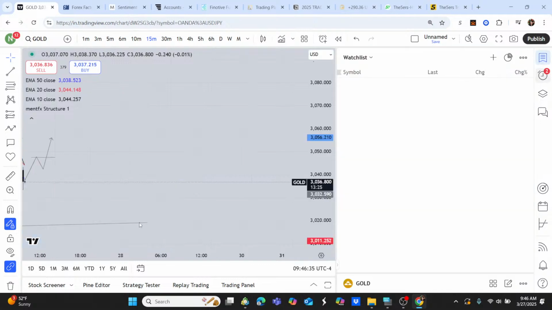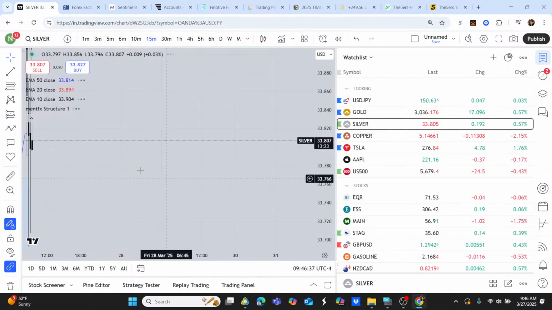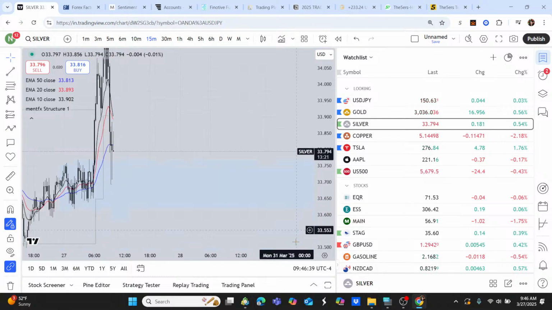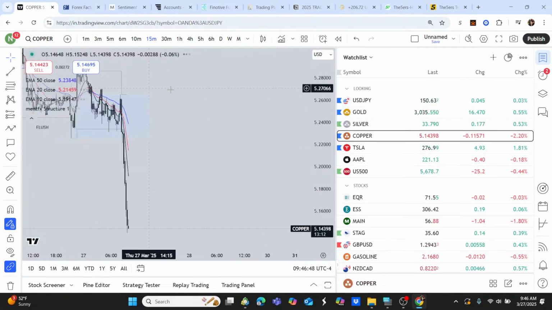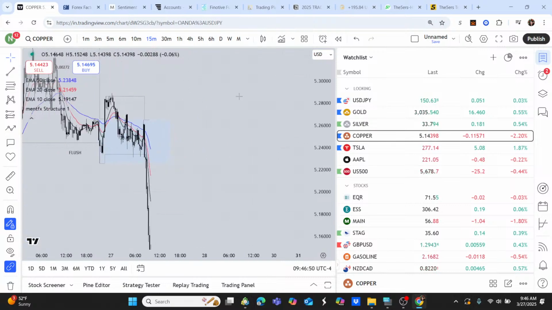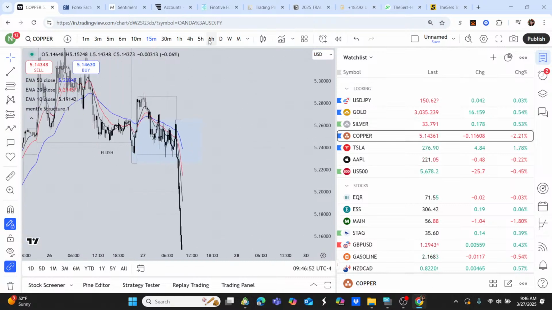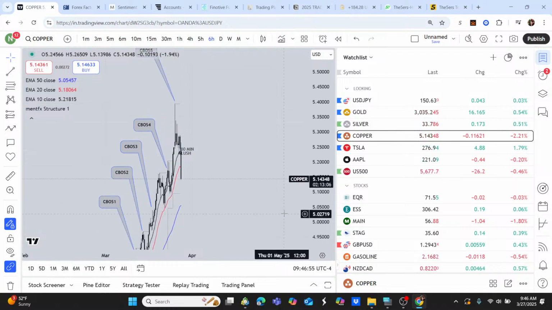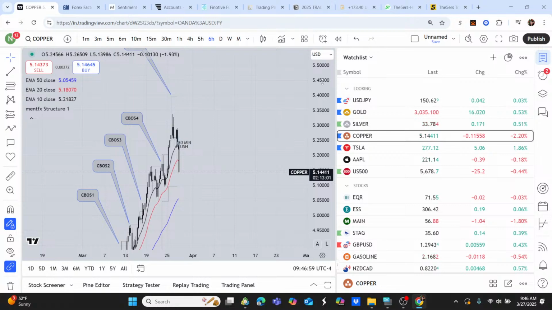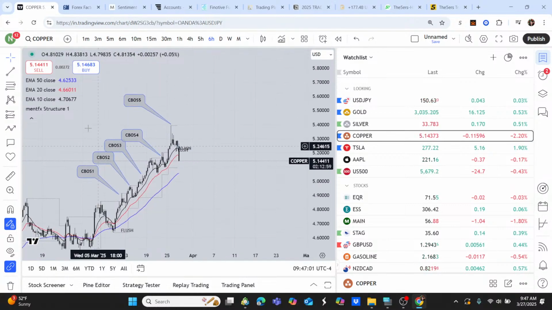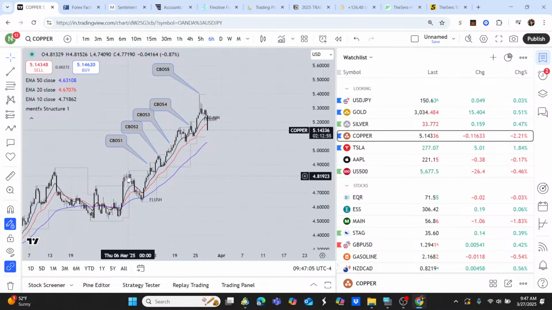Everything else I don't think is doing anything like I want to see. I'm not gonna trade silver because I'm looking at gold. Yeah, this just failed out. I was looking at copper, but it's not aligning for the lower time frames at least. We had a full cycle play out for copper, and I missed it because I just put on copper from last night. Copper looked beautiful.